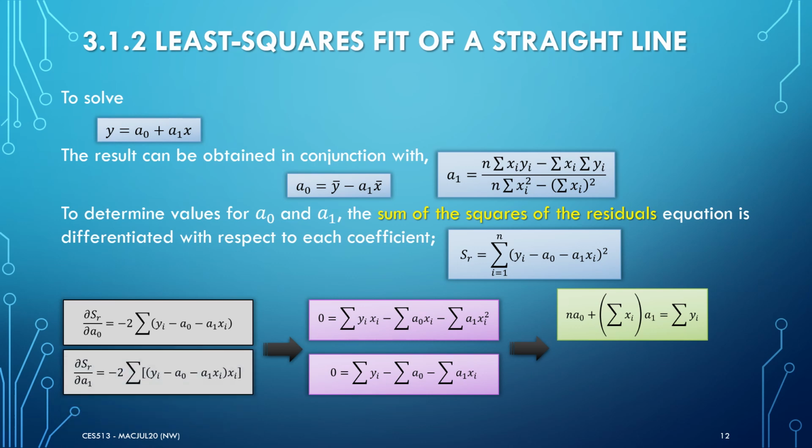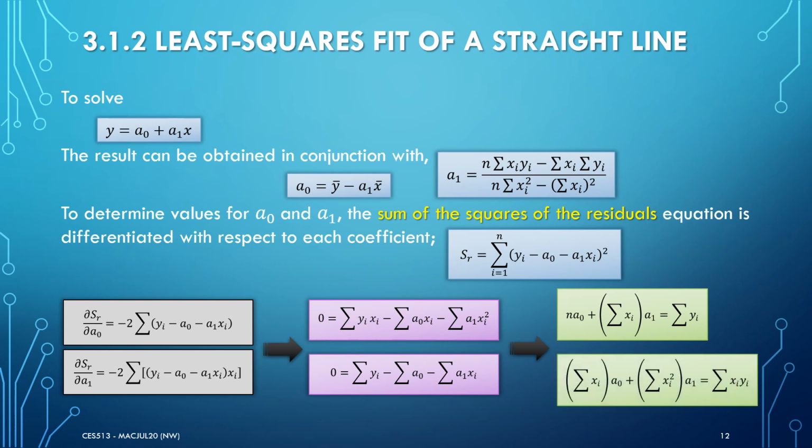While if we differentiate the SR with respect to A1, we will get finally the summation of xi multiplied by A naught plus summation of xi square A1 equal to summation of xi yi.